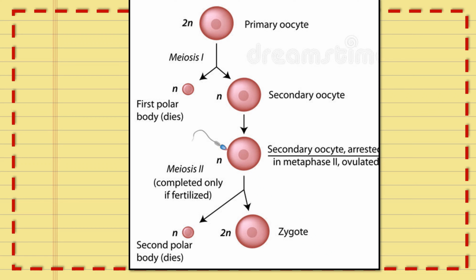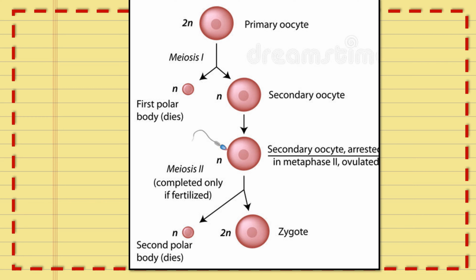Next is oogenesis. In oogenesis, it starts with the oogonium. The oogonium becomes the primary oocyte. The primary oocyte will enter meiosis I. The result is a secondary oocyte and a polar body.